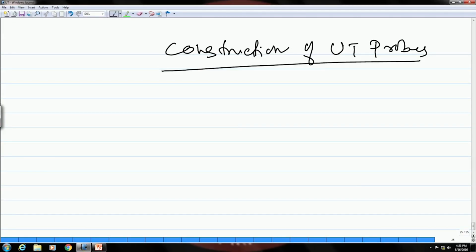And if you take a cross section for one of these cylindrical transducers, for example, this is what you will see inside. So, the main component, as I told, is this piezoelectric element. So, this is the active element.